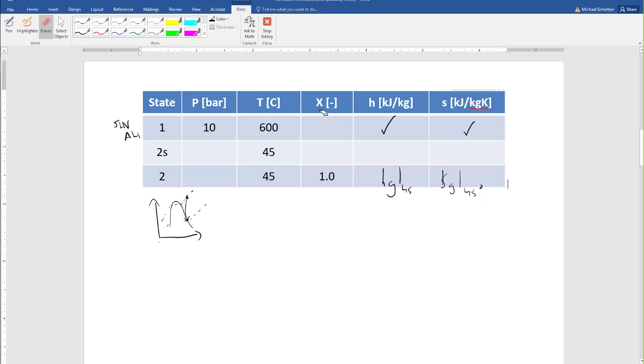So the good news is, pretty simply, because I have two independent intensive properties, I can find H1 and H2, but I don't yet know H2S.